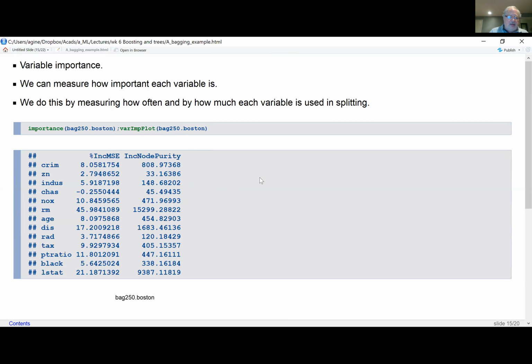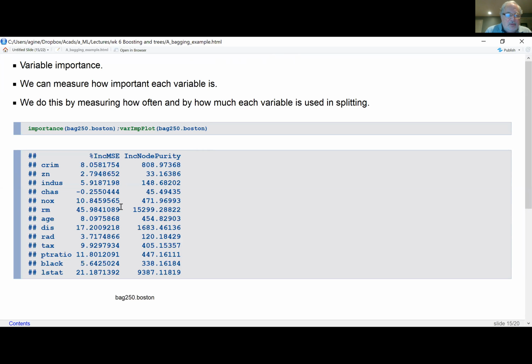Looking at these, you can see very clearly that the most important predictor in the random forest was the number of rooms. If I'm reading this correctly, essentially 46% of the decrease in MSE you saw over all the models came from rooms.